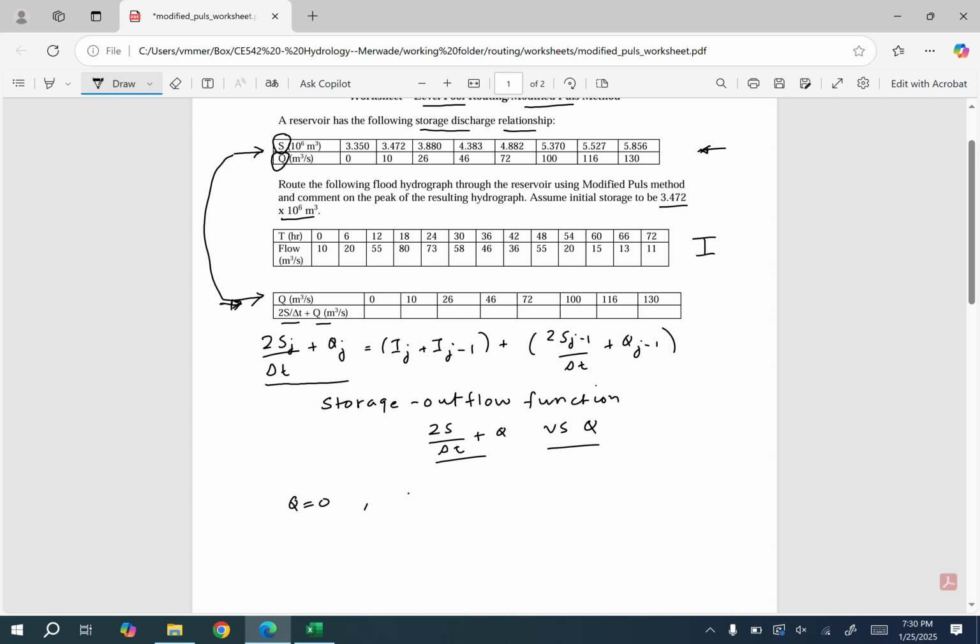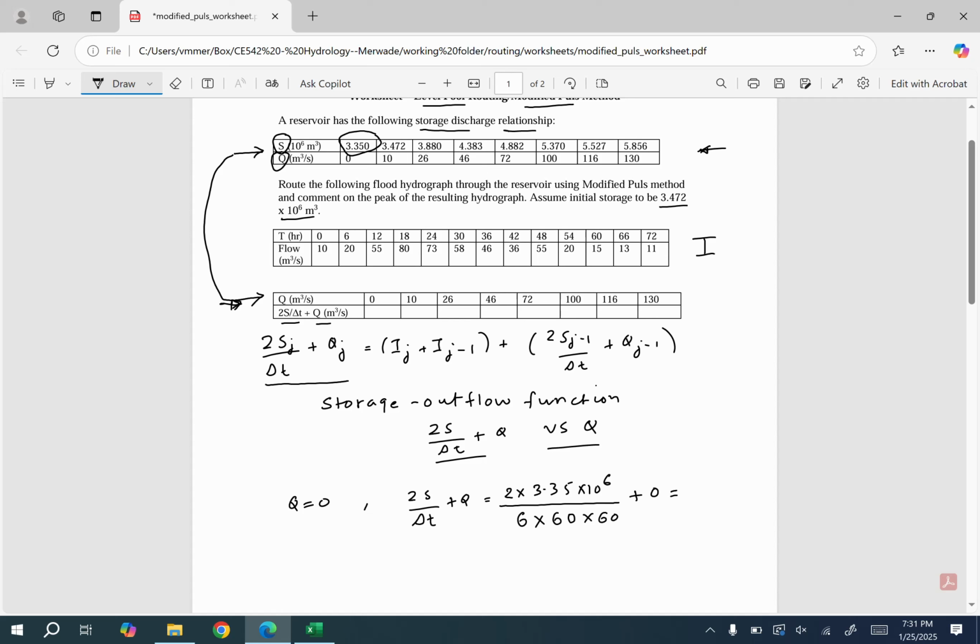So 2S over delta t plus Q is equal to, when Q is equal to 0, S is 3.35 times 10 to the power of 6. So 2 times 3.35 times 10 to the power of 6 is our 2 times S, and delta t in this case is 6 hours, and our Q is in meter cube per second. So I'm going to convert this 6 hours into seconds: 1 hour has 60 minutes and then 60 seconds. And then our Q is 0.